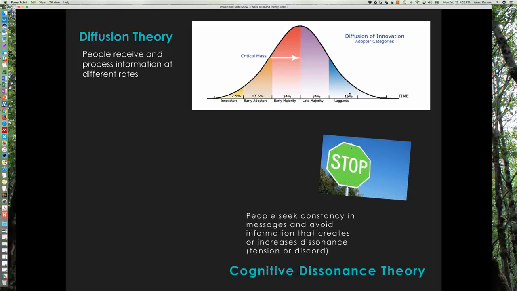Another one is cognitive dissonance theory. We seek information that decreases dissonance. We are interested in information that doesn't make our brains work extra hard, that doesn't disagree with information we already have. This example of a stop sign is really great. What's the problem with it? Well, stop signs are not green, right?